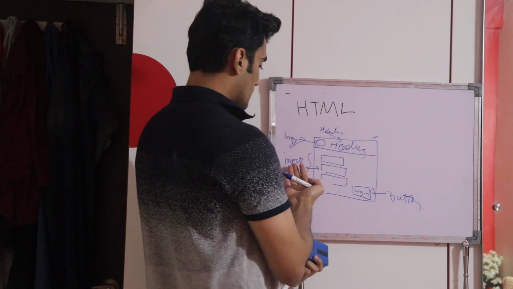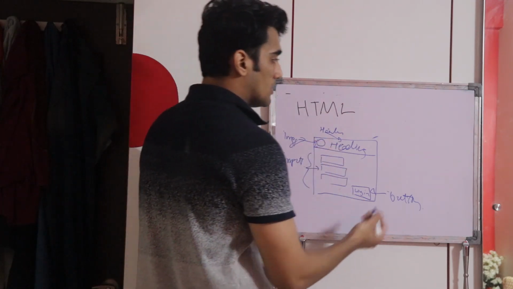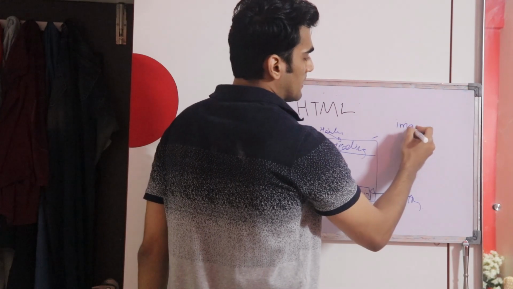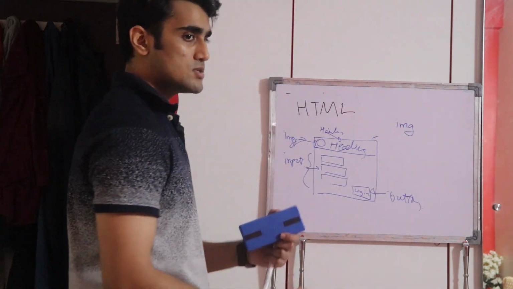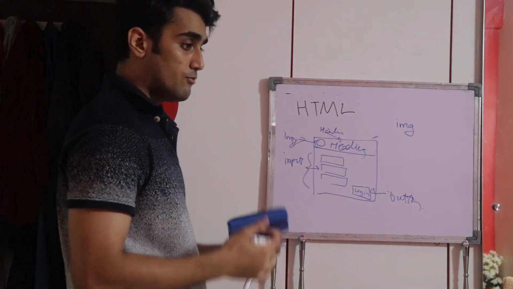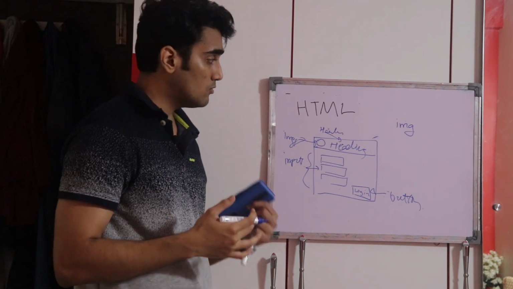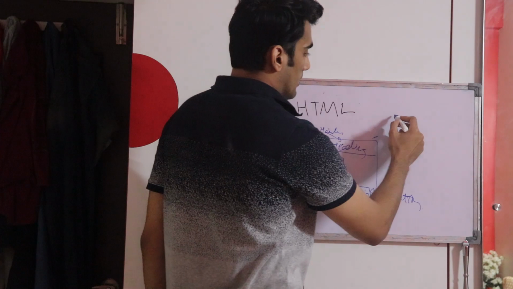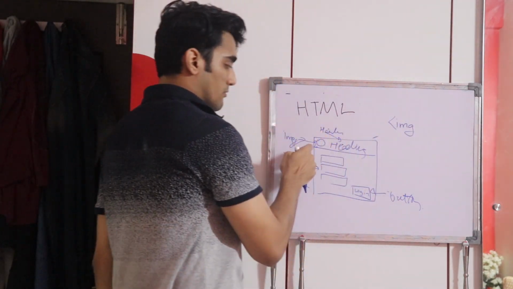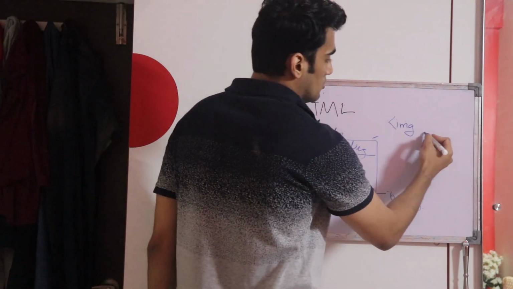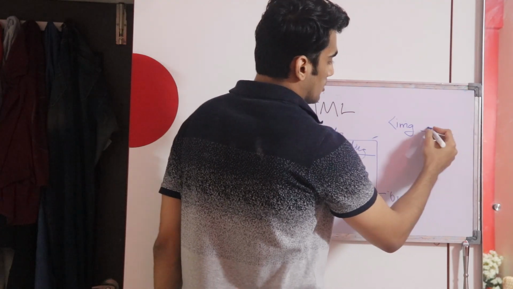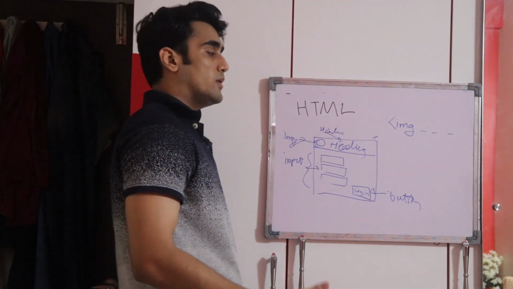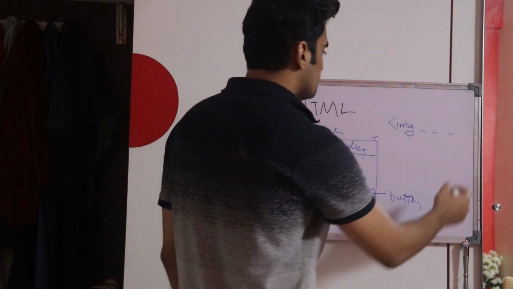Suppose an image: for an image we have a particular keyword reserved, img. If we use this img, the web browser on which the HTML would be running would know that this is an image that needs to be placed on the web page, and the attributes following this would be the source of the image, the address, the height, width, the style of the image, all those things.